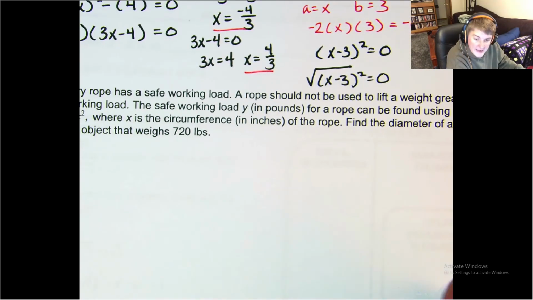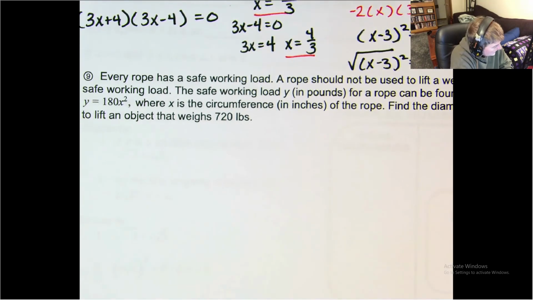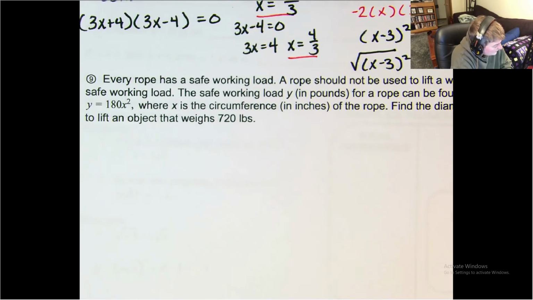Every rope has a safe working load. A rope should not be used to lift a weight greater than its safe working load. The safe working load y in pounds for a rope can be found using the function y is equal to 180x squared, where x is the circumference of a rope.